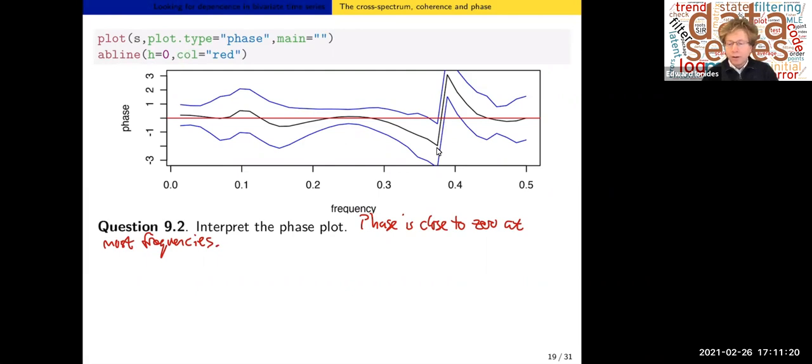There's one exception, which is going on around here. Frequencies at around 0.4 cycles per year have more variation.